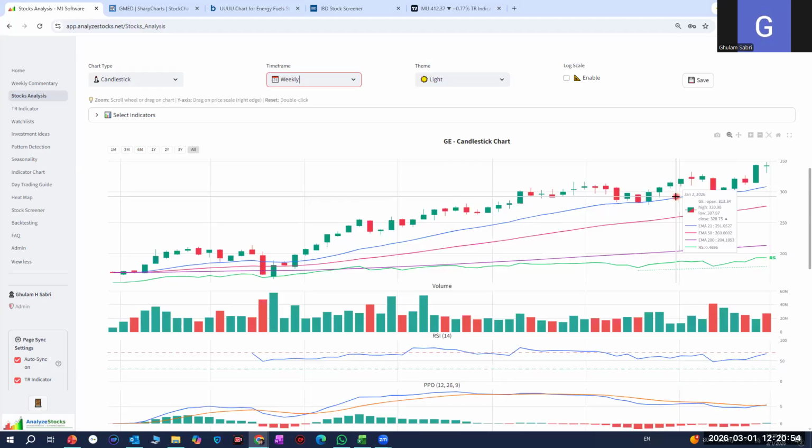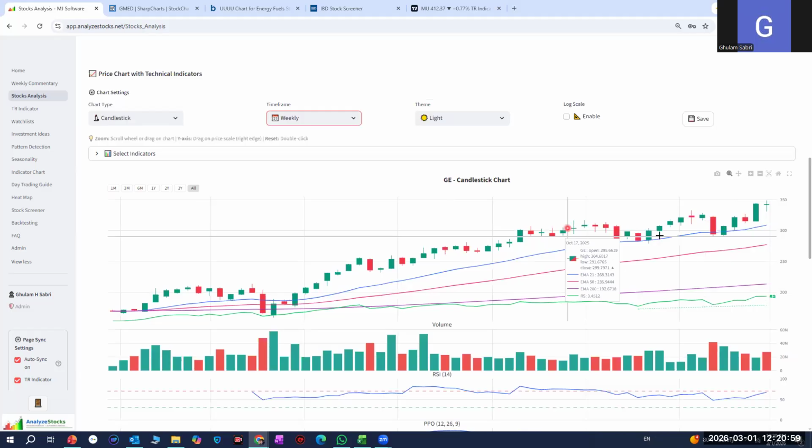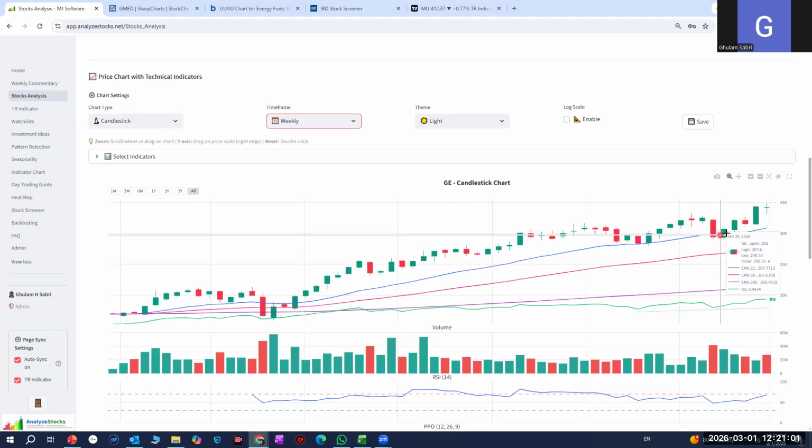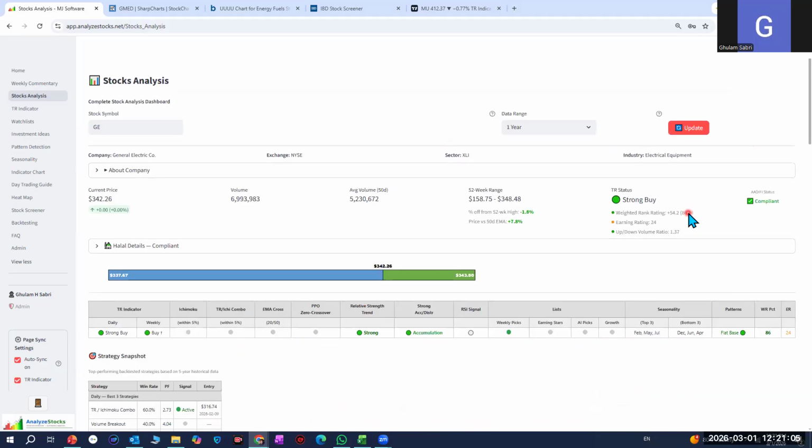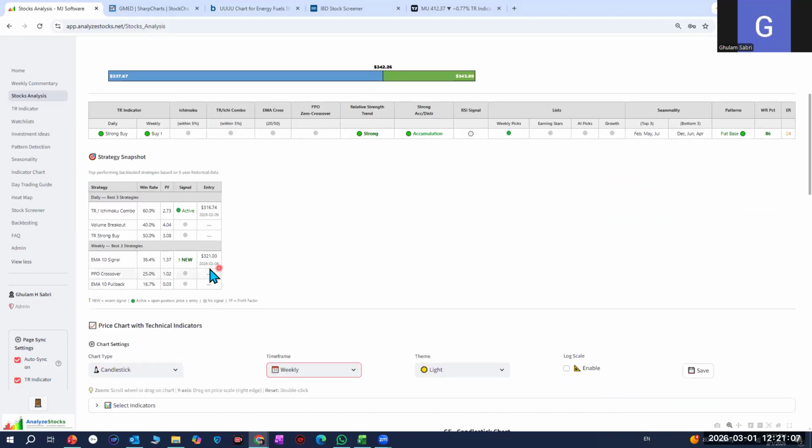It is still showing a 21-week line, so maybe that's not the 10-week line. And that was probably this week, which is the 6th of February. This is exactly what it was telling us, that on the 6th of February it gives a new buy signal. The arrow means it's a new signal. Green means it's a buy signal for this EMA 10 signal in weekly strategy.